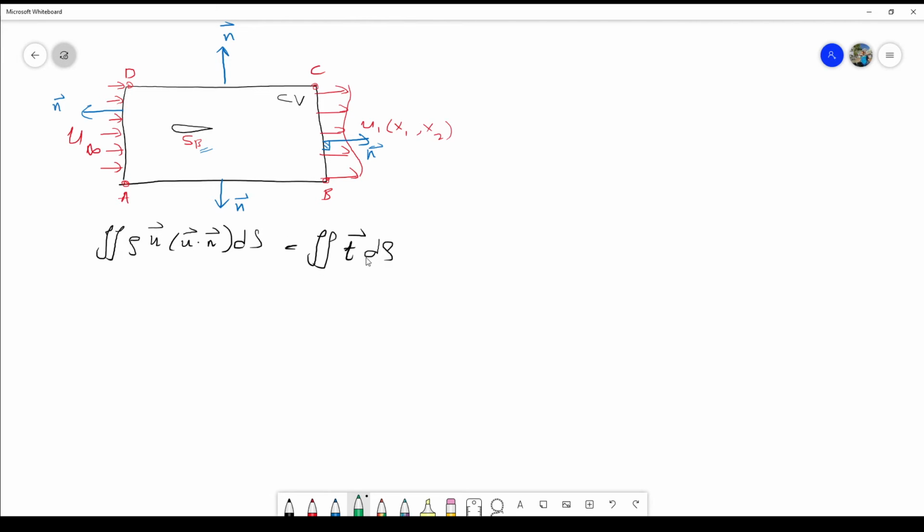In this momentum equation, the term T refers to the stress vector, and often can be represented by negative P multiplied by the unit normal on each surface.